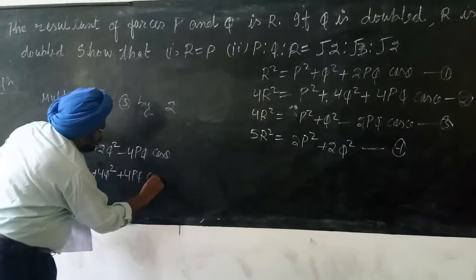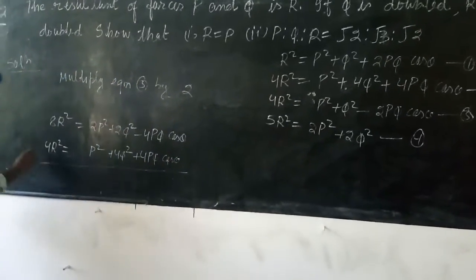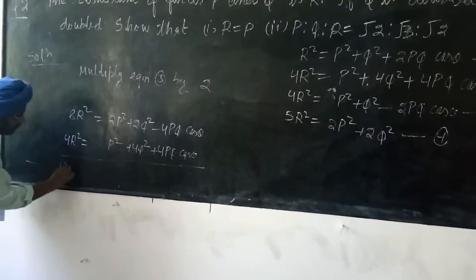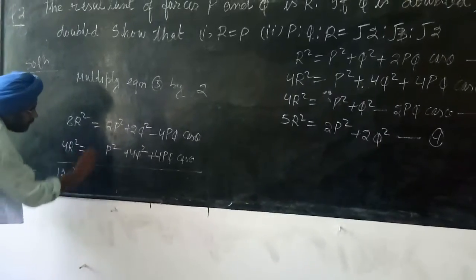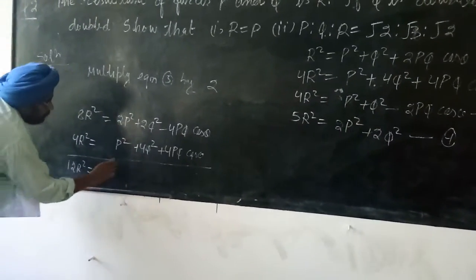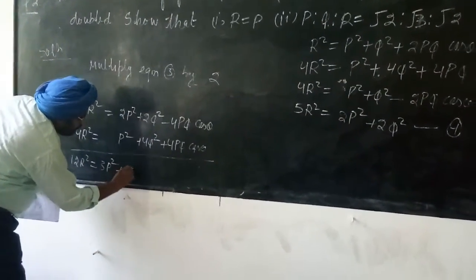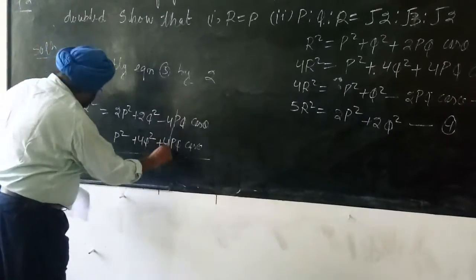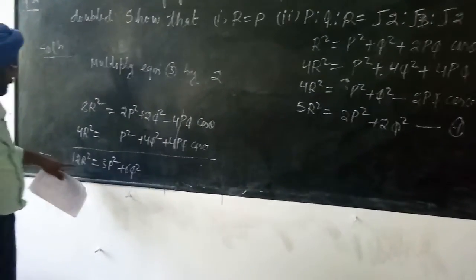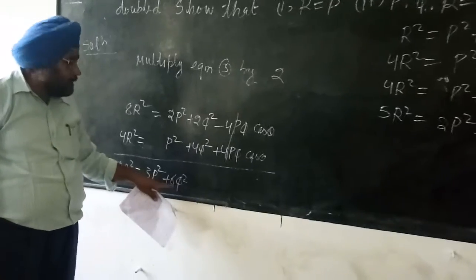Then we get 12R square is equal to 3P square plus 6Q square, and the cos theta terms are cancelled.